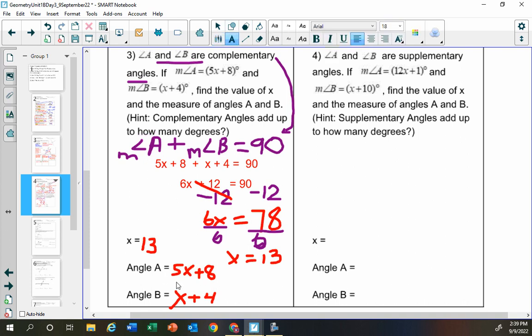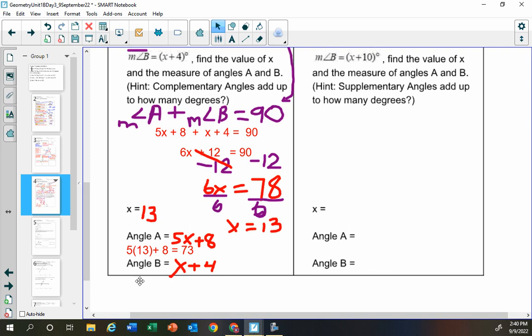Angle A is going to be 73 because you have 5 times 13 plus 8, 73. Good job. And then with angle B, 13 plus 4, 17, very good. So angle A is 73.